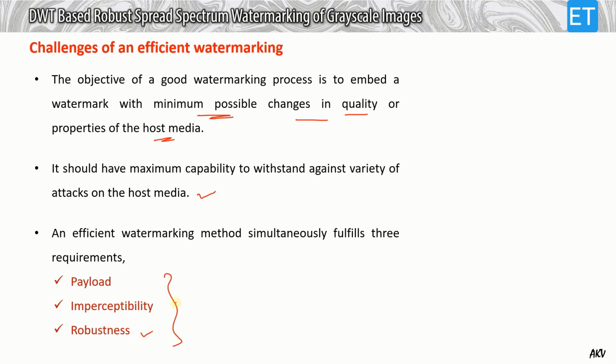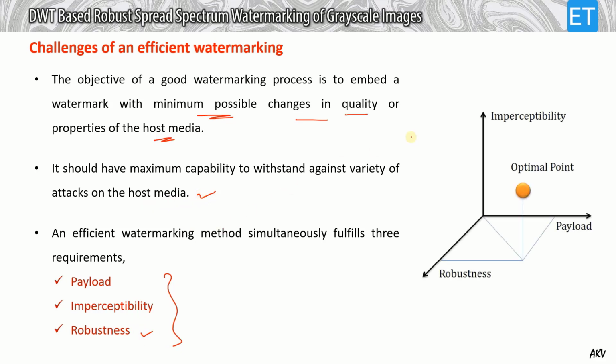And robustness, as I said, is its capability to withstand a variety of attacks. So in this graph, you can see the three requirements: imperceptibility, payload, and robustness. A good or efficient watermarking process must satisfy all three requirements, and should maximize them.